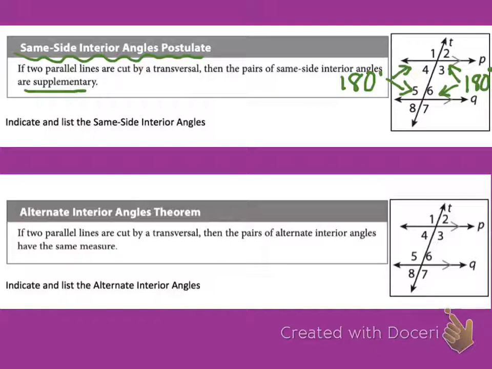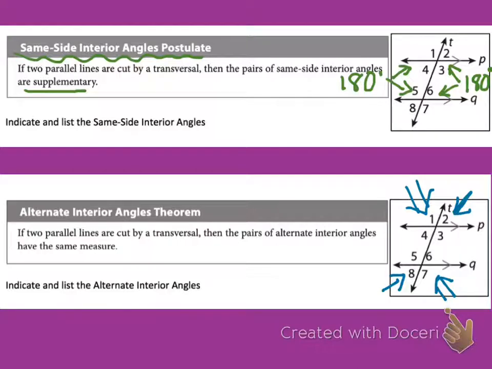Now looking at the other angle pairs, we had alternate exterior, which were the ones on the outside and on alternate sides of the transversal, like 2 and 8 and 7 and 1. If you take a look at those pairs, 8 and 2 look like, if you kind of slide them together, vertical angles.